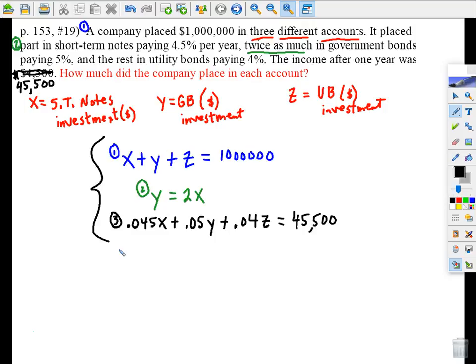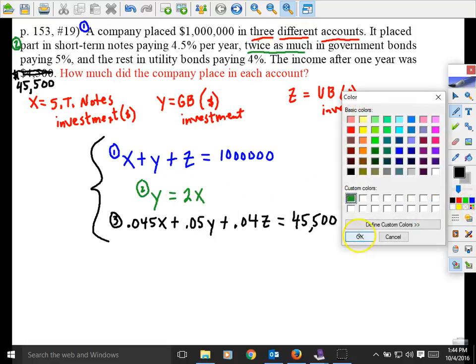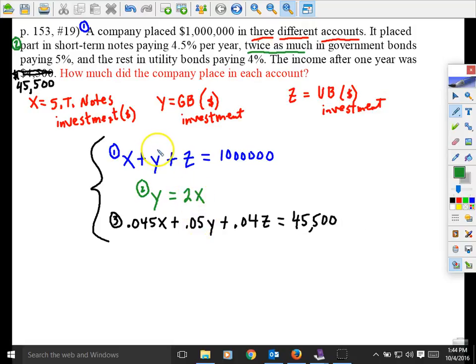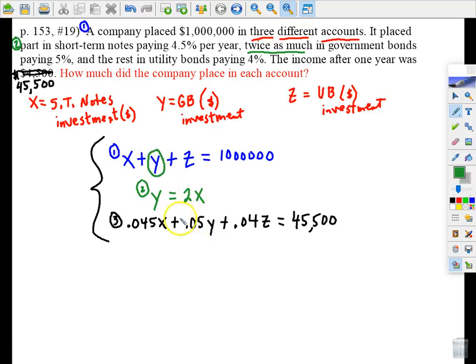So really, the tough part of these problems is done when we've come up with the system of three equations. And for most of these problems, the easiest way to go forward is to use substitution. Because if you notice here in the middle, I have Y solved for. Y is equal to 2X. Substitution says take what you have as Y, which is 2X, and put that in place of the other two Y's.